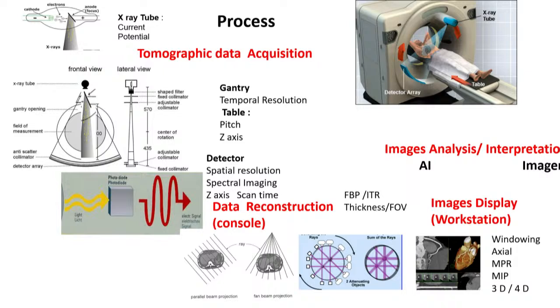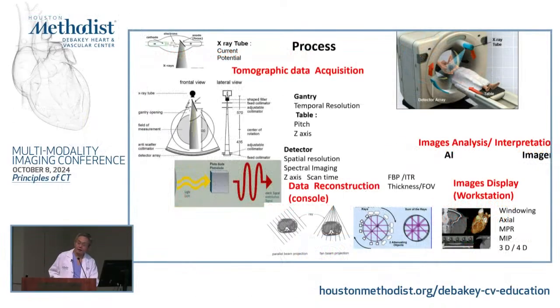So this is transmission. Transmission meaning that I'm sending the energy or the photon externally, it goes through the patient and gets detected on the other side. Because SPECT is also CT, but it's emission computed tomography. So that's the difference between SPECT and regular CT.